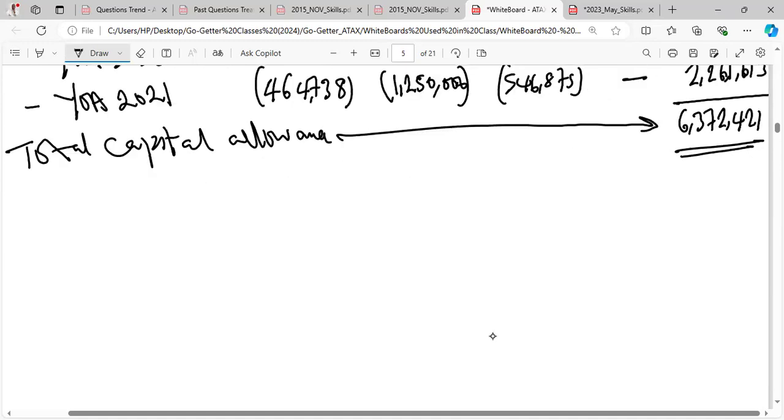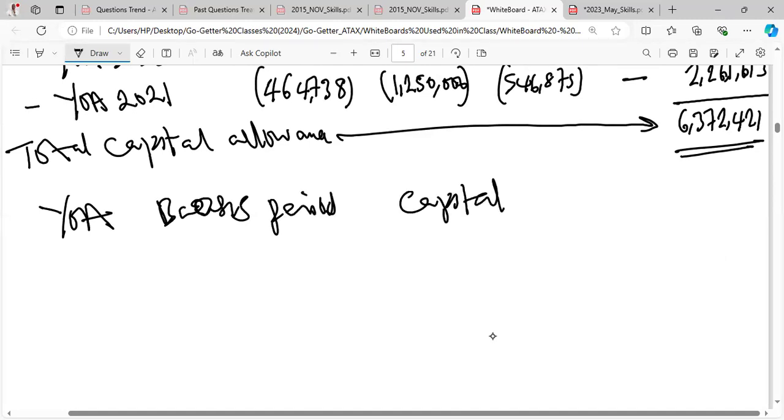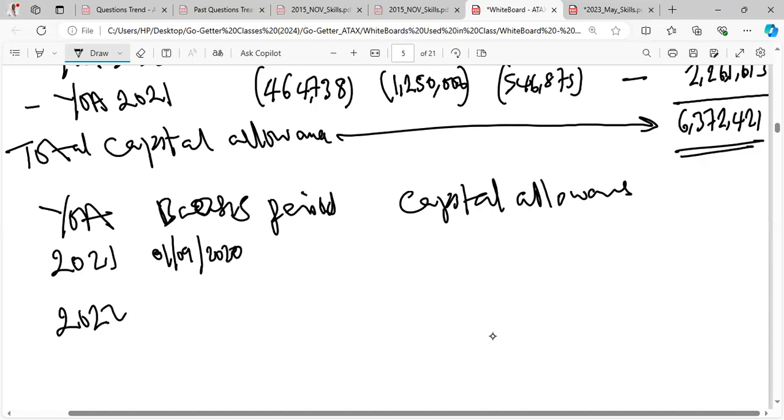You can come and do something like this: year of assessment, basis period. This is not necessary. Then capital allowance. This is 2021. This is 2022. This is September 1, 2020 to December 31st, 2020.